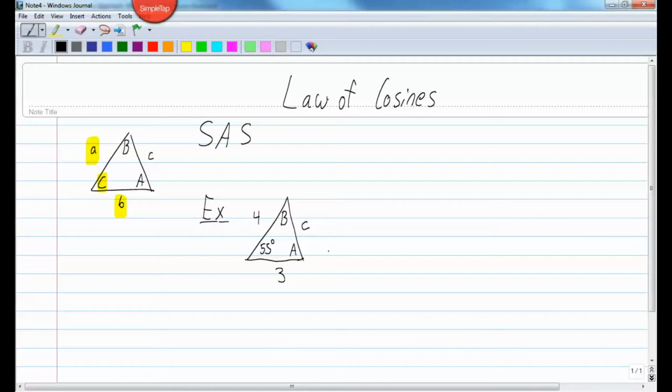But I would notice right away that I don't have a side and a corresponding angle that I can use. So if you can't use the law of sines, then we need to go to the law of cosines.